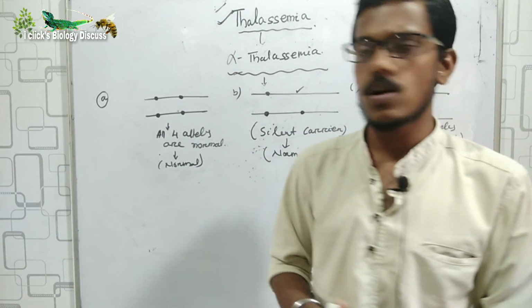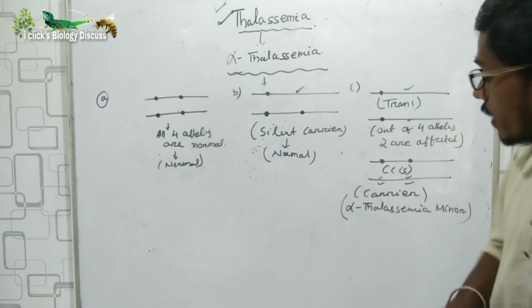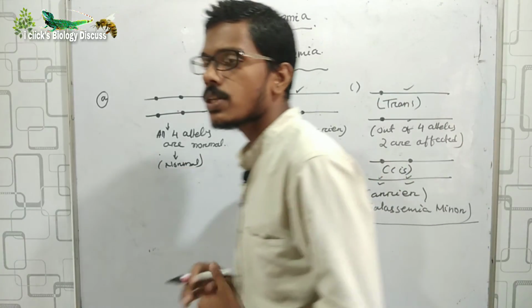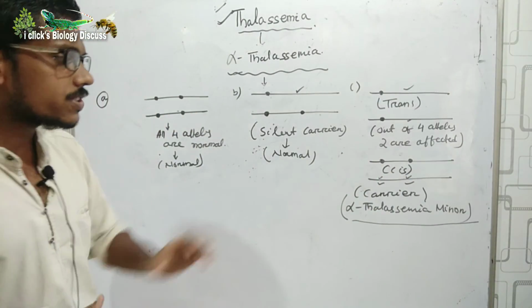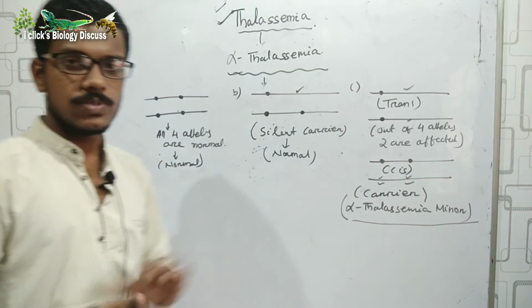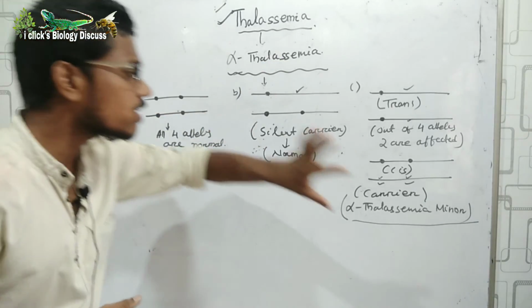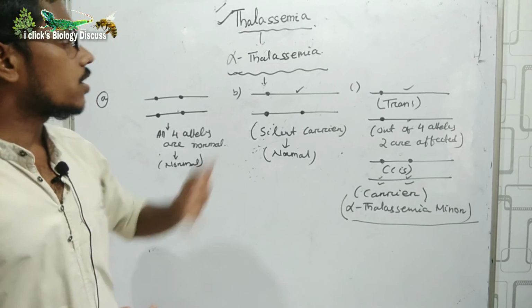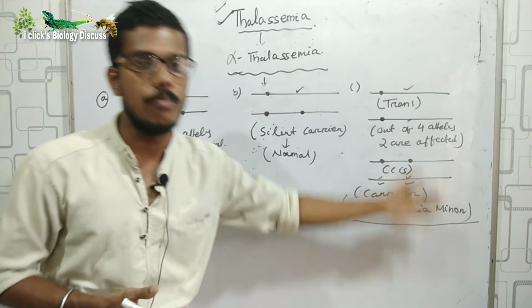That's why this is called alpha thalassemia minor. But in this individual, there will be no symptoms, and that person will not be called a thalassemia diseased person, as the disorder is not found in that person.